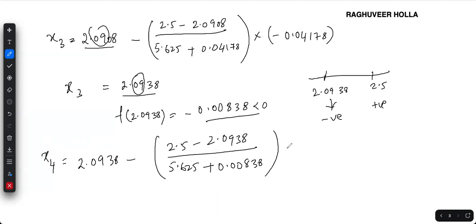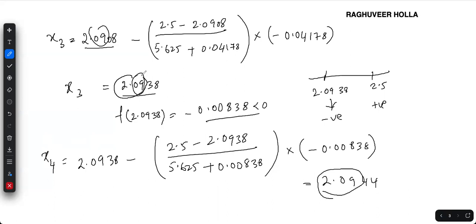Okay, and this multiplied into this value. This is negative of 0.00838. Okay, so which results to 2.0944.